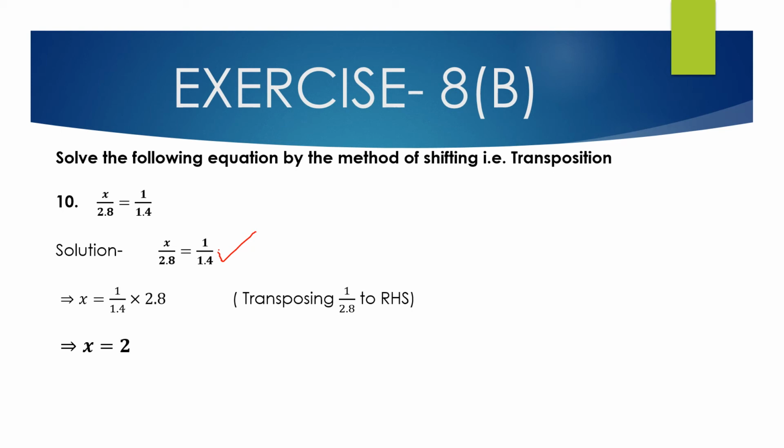Then 1 divided by 2.8, this division changes to multiplication. Now we get x equal to 2.8 multiplied with 1 divided by 1.4, and 1 divided by 1.4 multiplied with 2.8 is 2. Now we get x equal to 2.